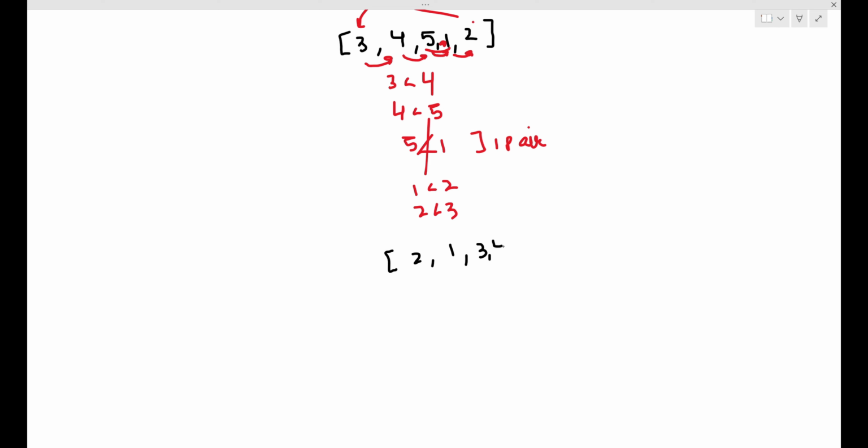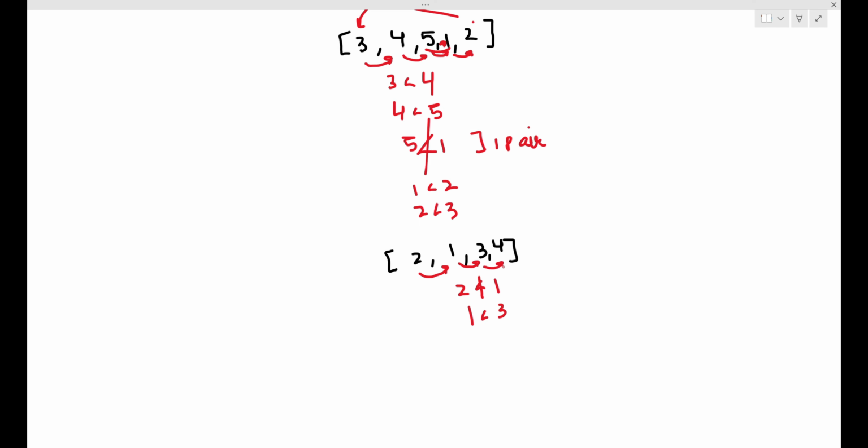Now consider this example. Let's start the dry run. Is 2 less than 1? No, this is not less than 1, right? Again, next, is 1 less than 3? Yes, correct.